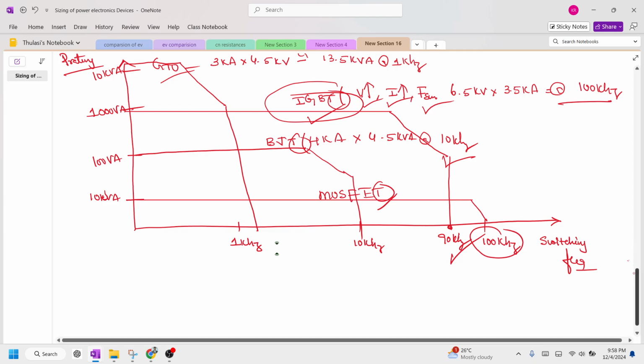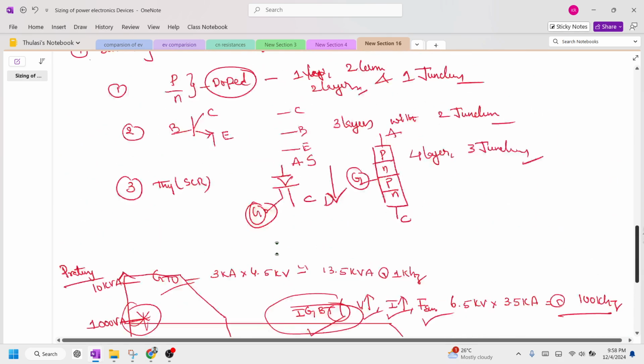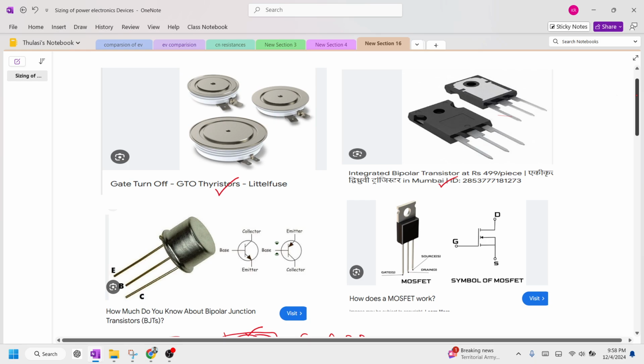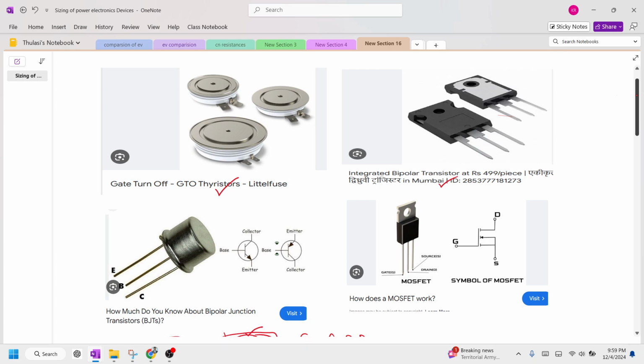So this is all about components. The best component is the IGBT, and see this component-wise: GTO is structurally like this, this is the IGBT, this is the BJT we discussed, and this is nothing but the MOSFET.